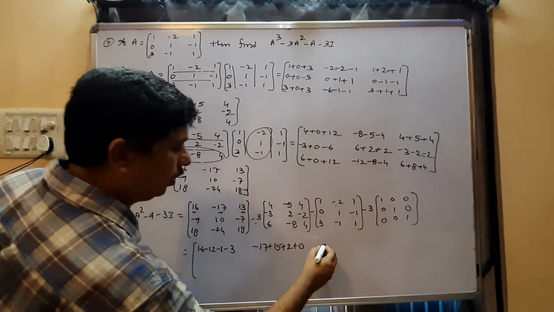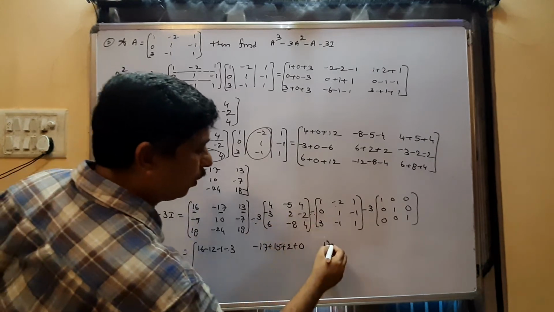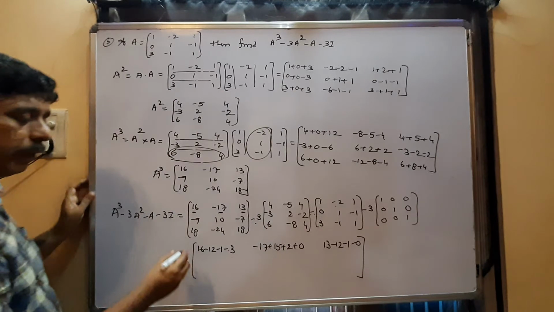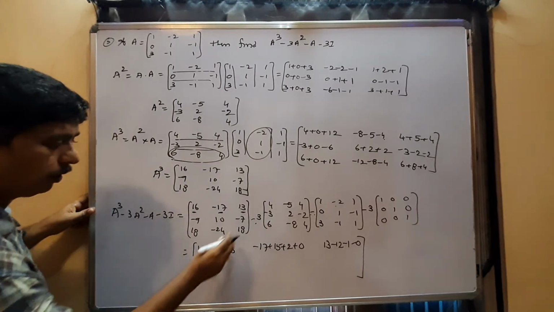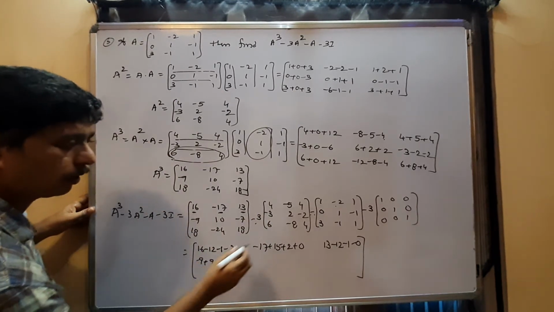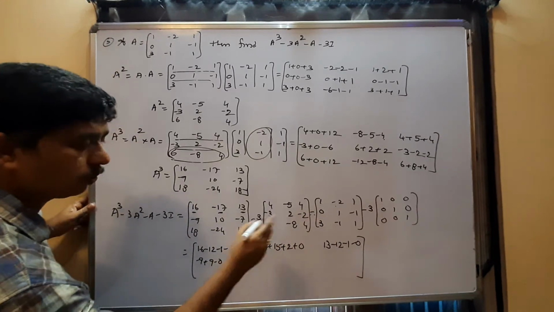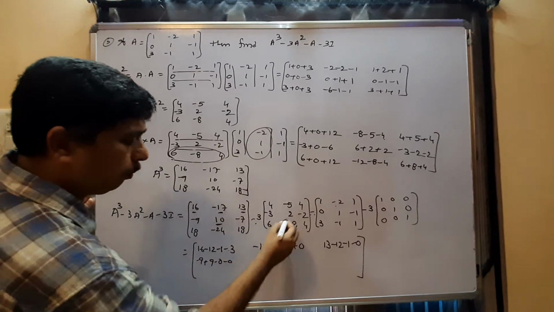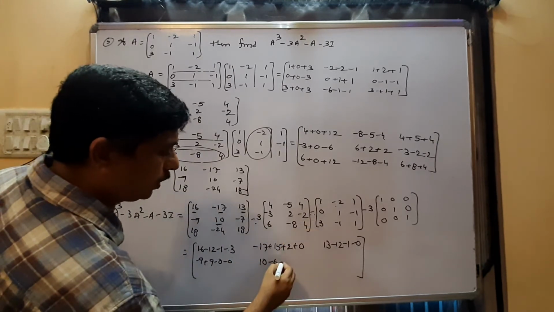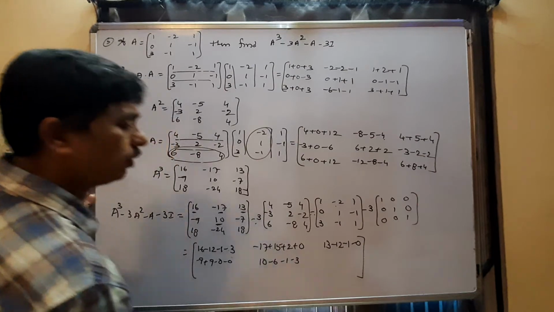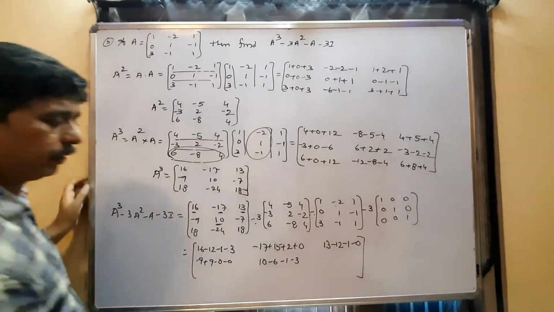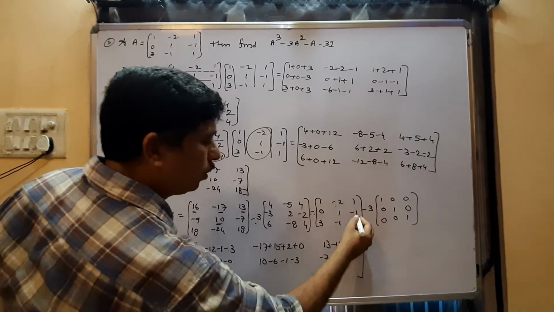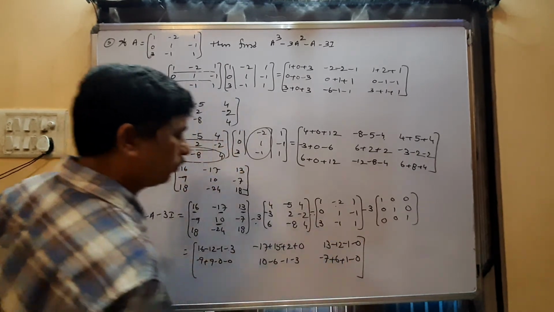Third element: 13, minus 3 into 4, minus 12, minus 1, minus 0. Second row first element: minus 9, minus 3 into plus 9, 0, 0. Second row second element: 10, minus 6, minus 1, minus 3. Second row third element: minus 7, minus 3 into minus 2, plus 6, plus 1, minus 0.